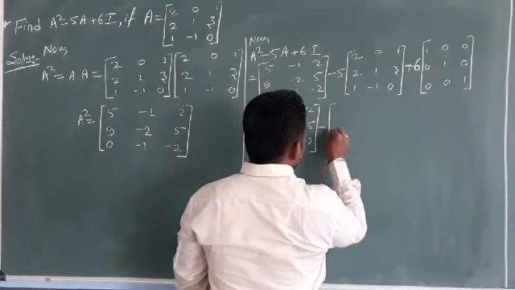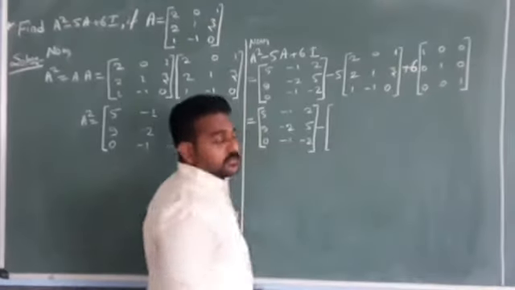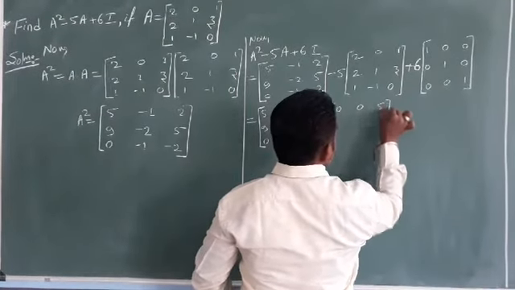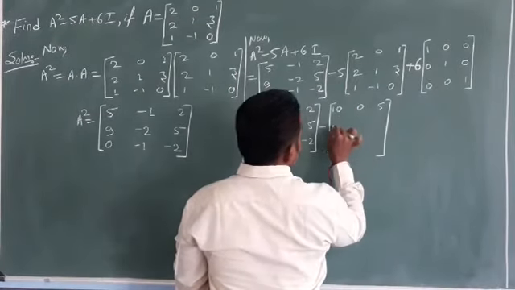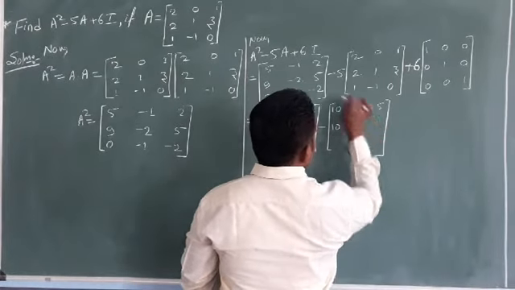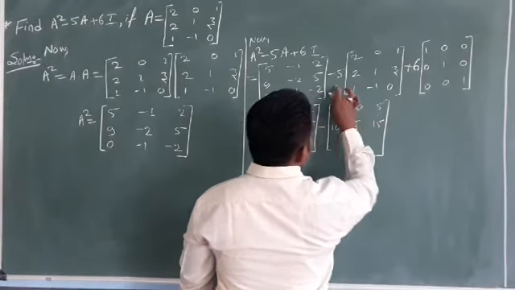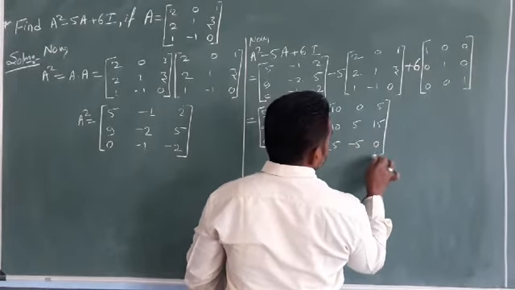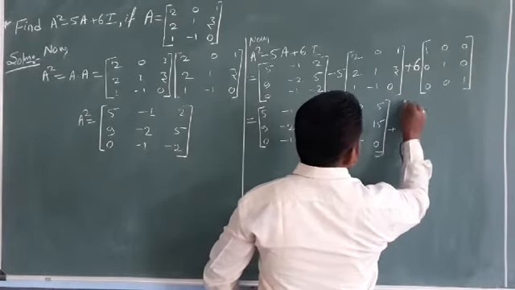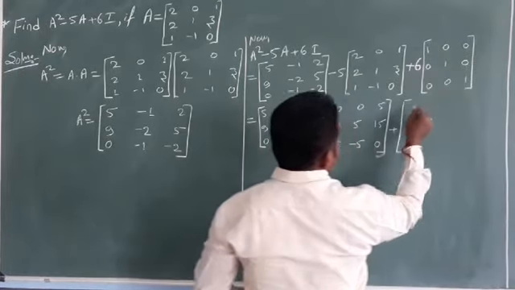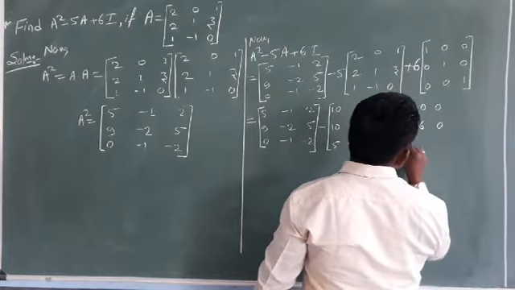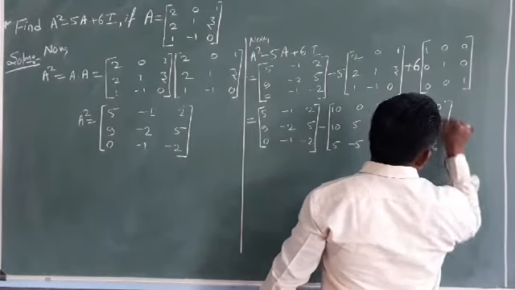So multiply 5 with each element. 5 into 2, 10. 5 into 0, 0. 5 into 1, 5. 5 into 2, 10. 5 into 1, 5. 5 into 3, 15. 5 into 1, 5. 5 into minus 1, minus 5. 5 into 0, it is 0. Plus 6 into each element: 6 0 0, 0 6 0, 0 0 6.